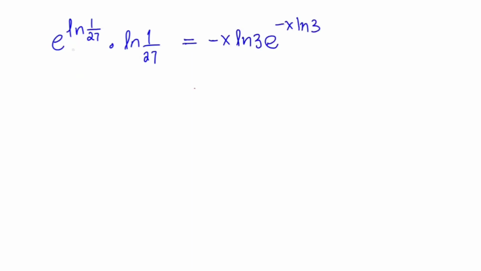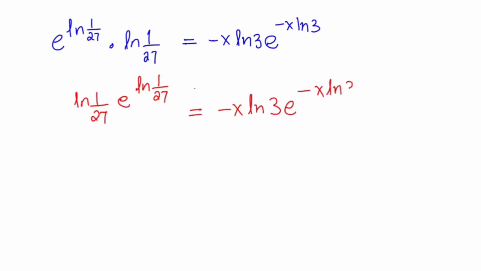Now we're going to rearrange this expression: ln 1 over 27 times e to the power of ln 1 over 27 is equal to negative x ln of 3 times e to the power of negative x ln of 3.